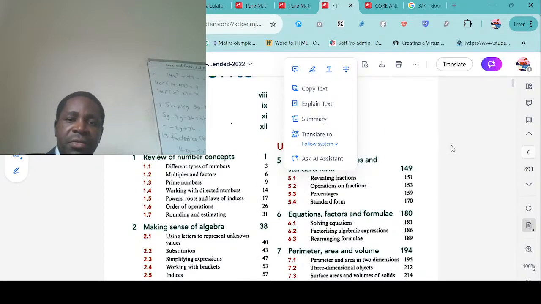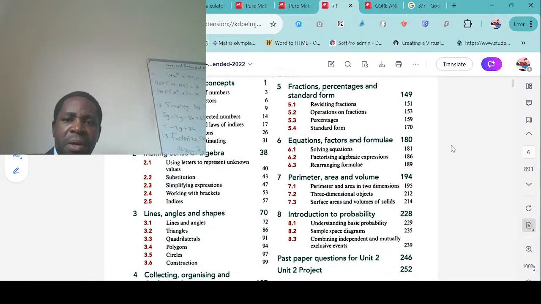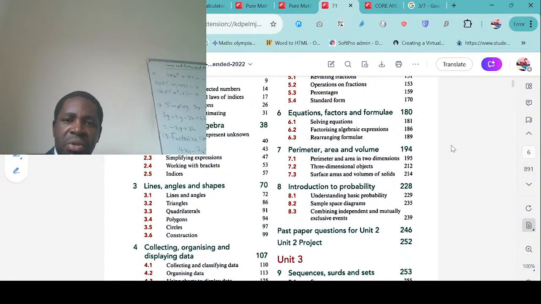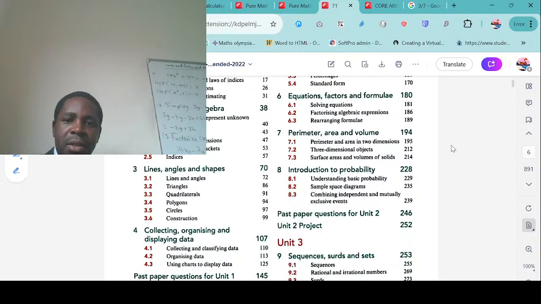We have seen perimeter, area and volume. So the next topic should be introduction to probability.